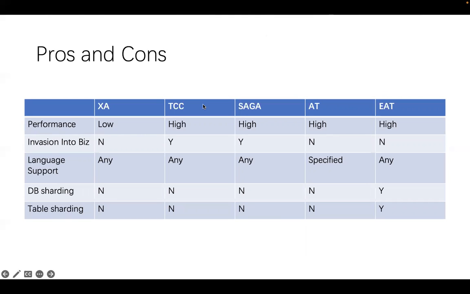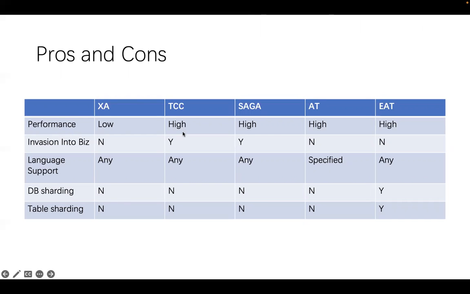And in this slide, I'm going to introduce the pros and cons for different transaction models. For the traditional XA transaction, which is a two-phase lock transaction, the performance is low, and it has no invasion to business. It supports any language, but it does not support DB sharding and table sharding.